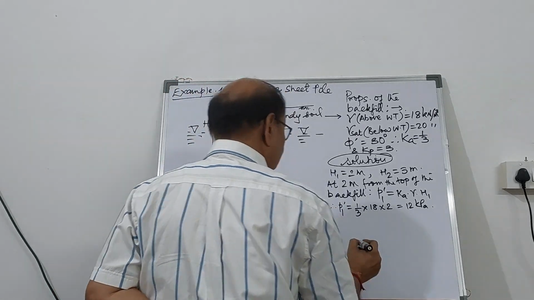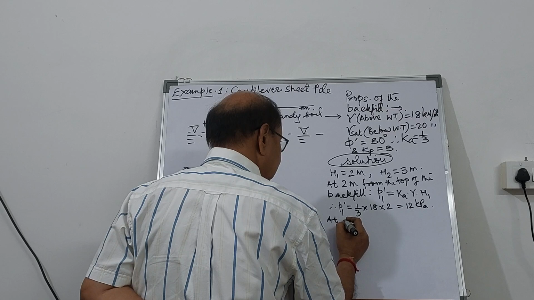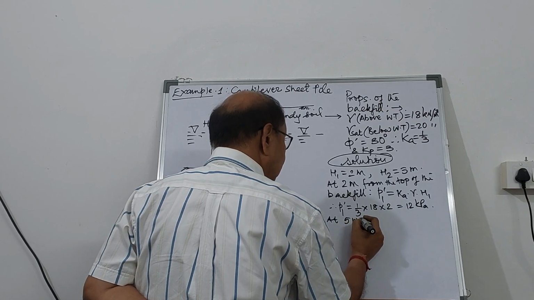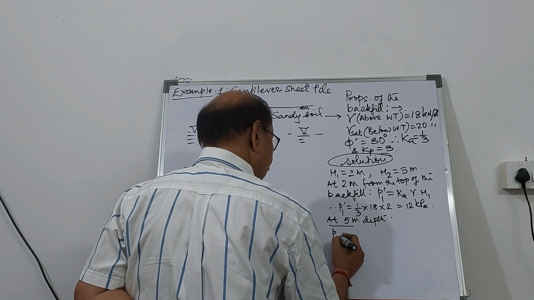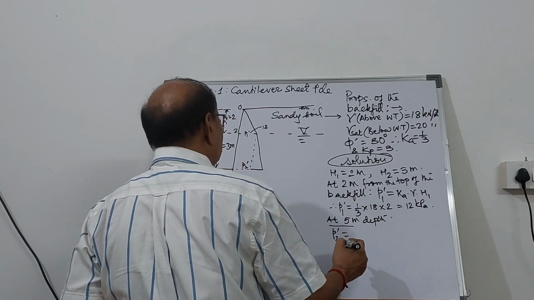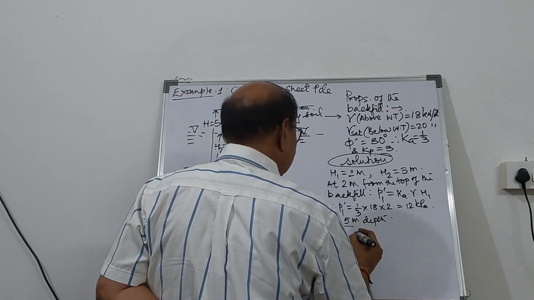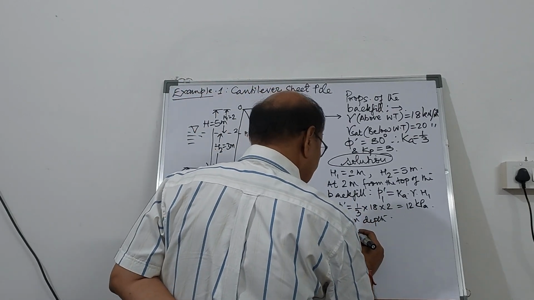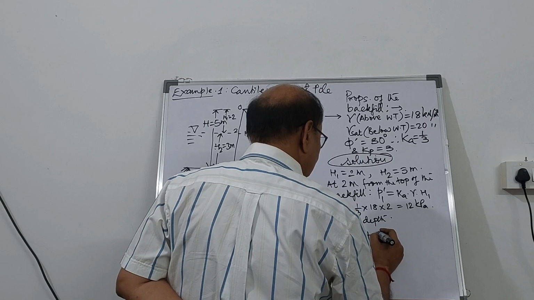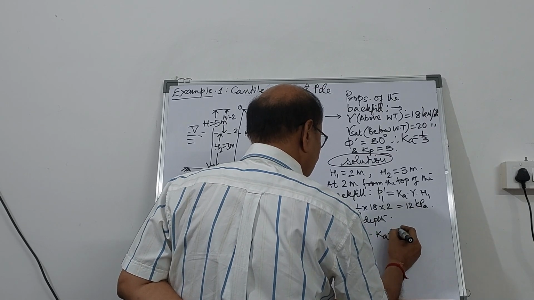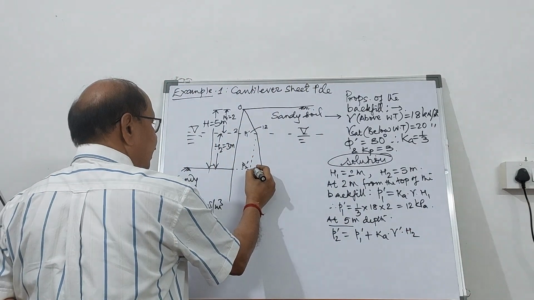So at 5 meter depth, the pressure is P2 prime, which will be equal to P1 prime plus K into gamma prime into H2.